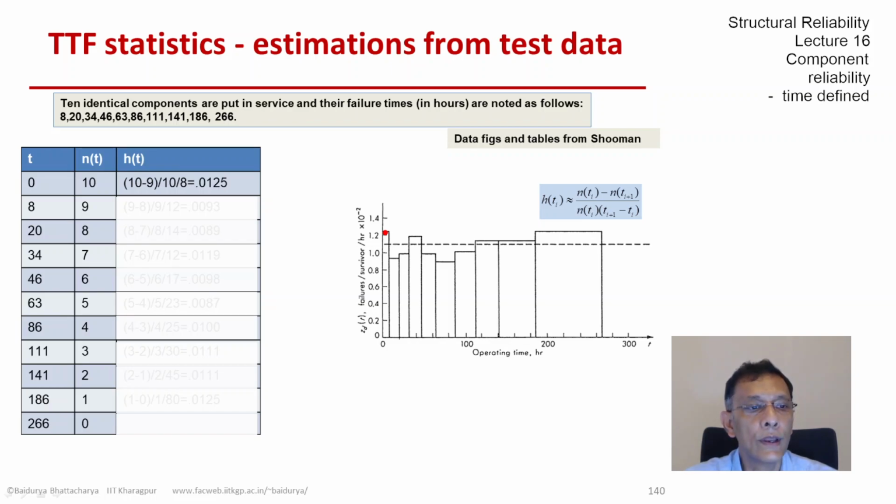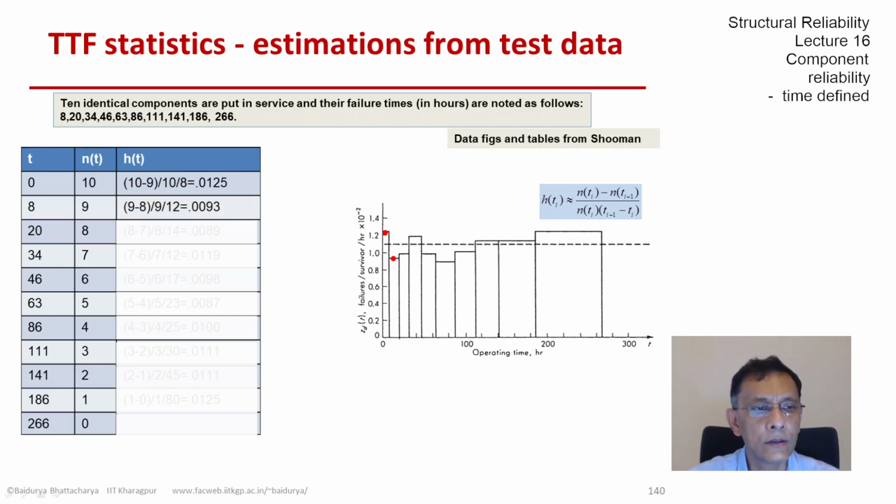So we have 10 minus 9 divided by 10, which is the current number of surviving elements, and that divided by the length of the interval gives me 0.0125 per hour. That is the hazard corresponding to the first interval from 0 to 8 hours.